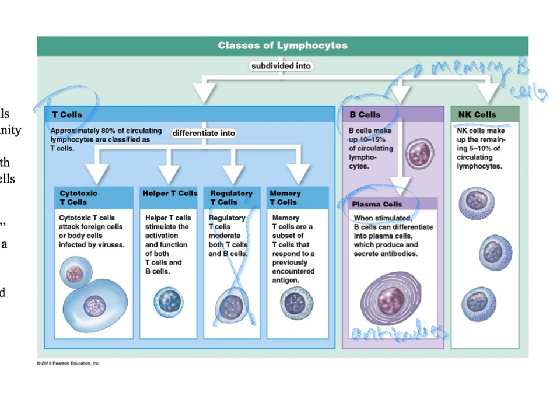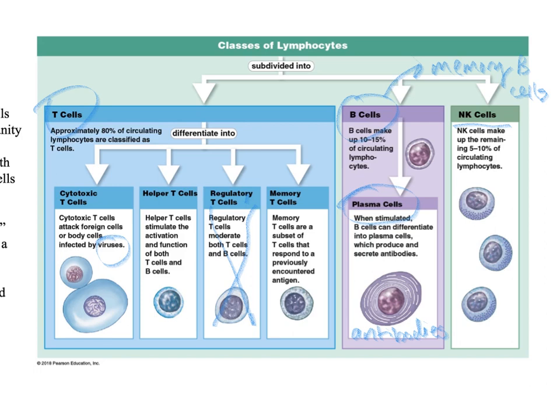So these are the lymphocytes that actually attack infected cells and can even attack any cell that's expressing an antigen. So we're going to see that these are really important in viruses, because viruses will infect our own cells, and then they will express some of those viral proteins on the surface of the cell, and the cytotoxic T cell will recognize those foreign antigens and actually destroy those cells. So these are cytotoxic. They actually are cell killers.